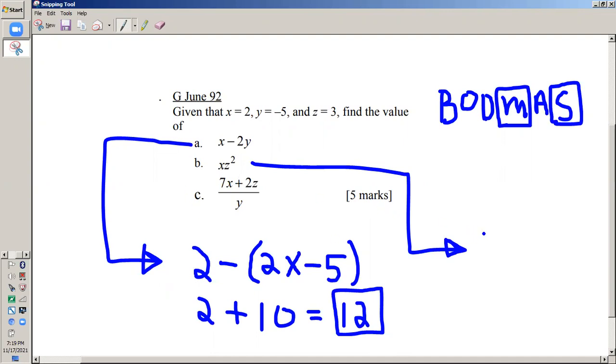Let's look at B now. So B is X Z square. What does X Z square mean, class? Anybody? What does it really mean?